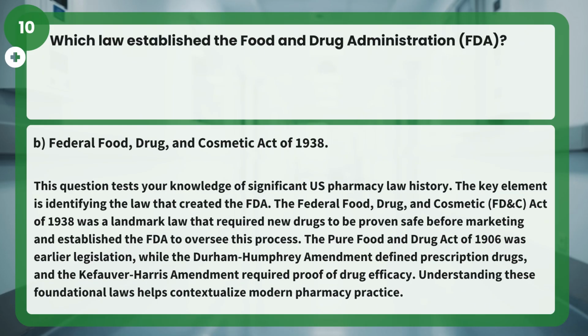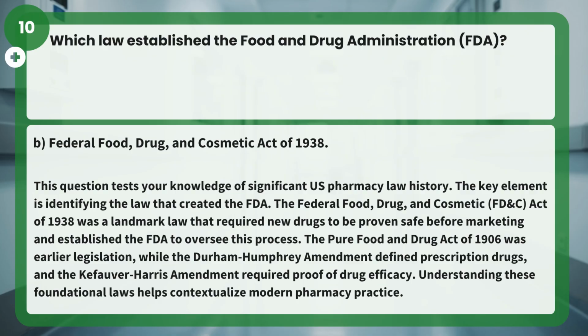Answer B. Federal Food, Drug, and Cosmetic Act of 1938. This question tests your knowledge of significant U.S. pharmacy law history. The key element is identifying the law that created the FDA. The Federal Food, Drug, and Cosmetic, FD&C, Act of 1938 was a landmark law that required new drugs to be proven safe before marketing and established the FDA to oversee this process.